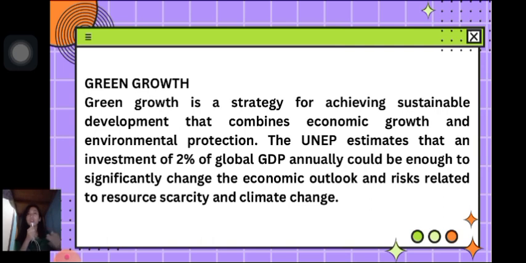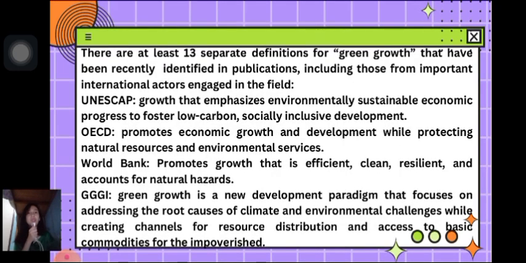So the next is that there are at least 13 separate definitions for green growth that have been recently identified in publications, including those from important international actors engaged in the field. So, the first one is the UNESCAP. In UNESCAP, it is growth that emphasizes environmentally sustainable economic progress to foster low carbon, socially inclusive development.